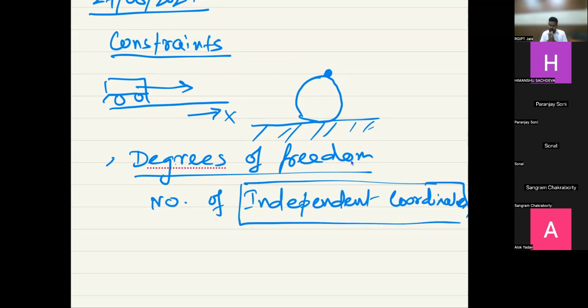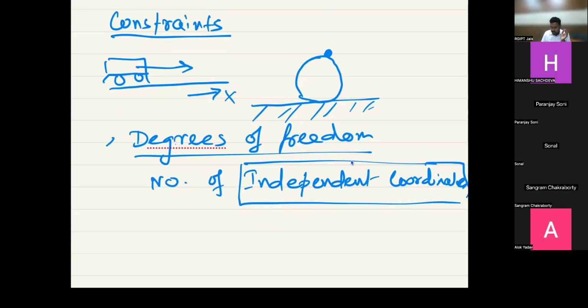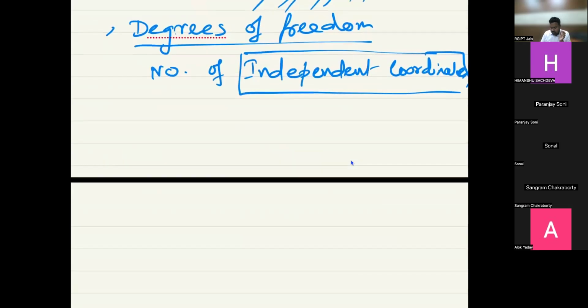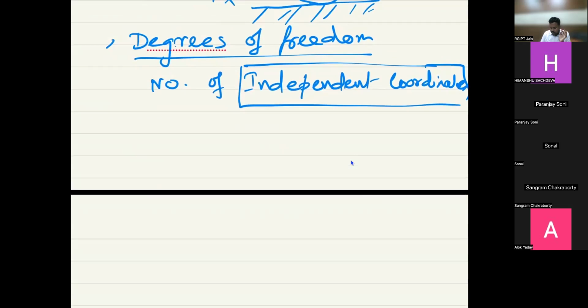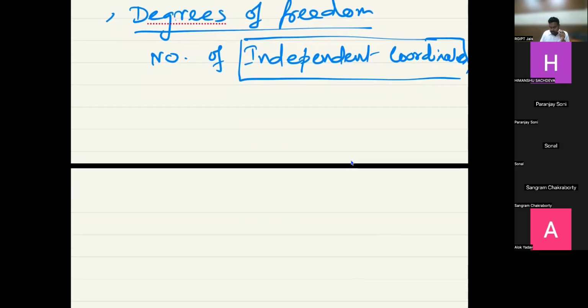There can be dependence, so you have to remove those dependences and then look into which coordinates are independent. From there you will get the degrees of freedom. So the number of independent coordinates required to completely specify the dynamics of a particle or system of particles is called degrees of freedom.